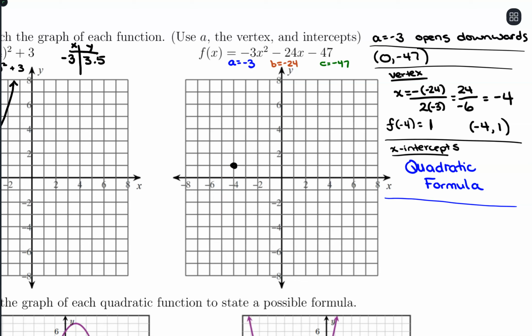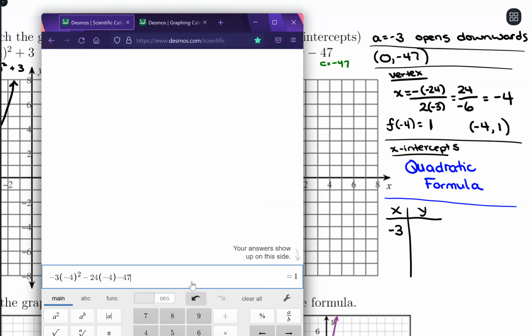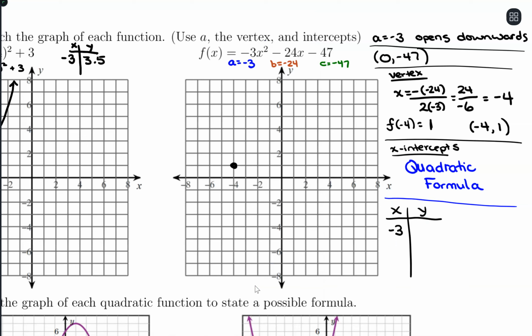But for now, just to get some extra coordinates to graph, let's make a table. We're at (-4, 1). Let's look at plugging in -3 into our function. We're going to have an output of -2.